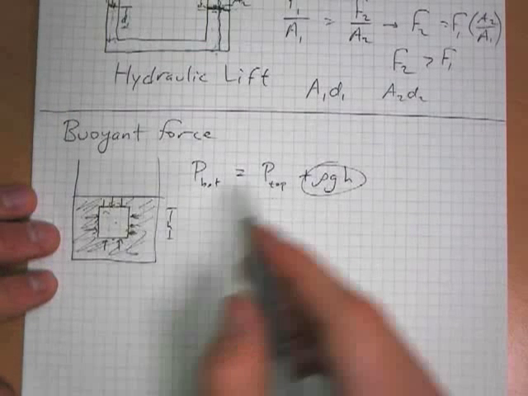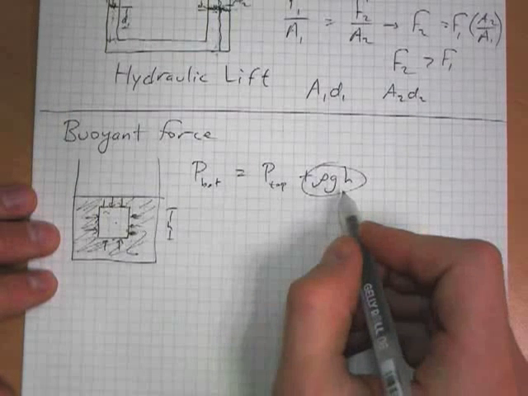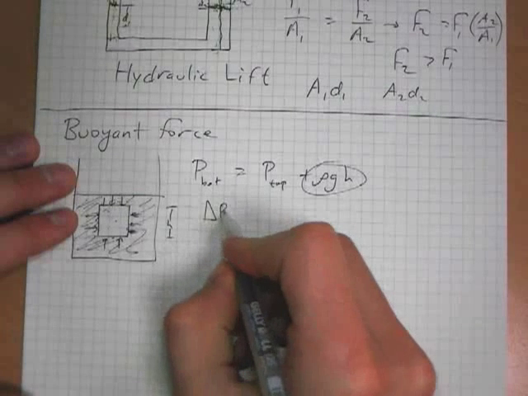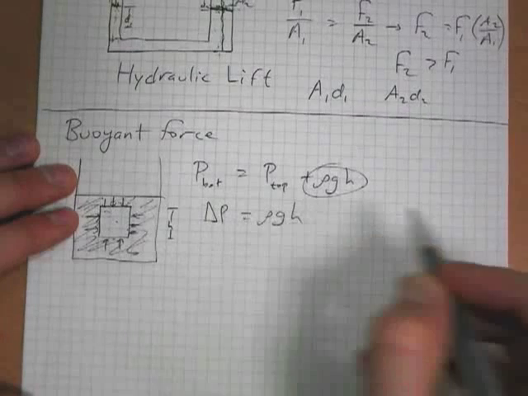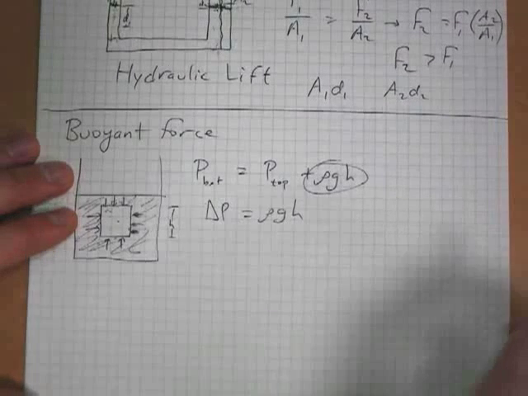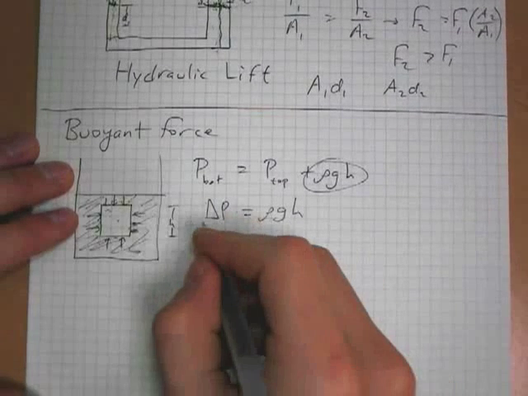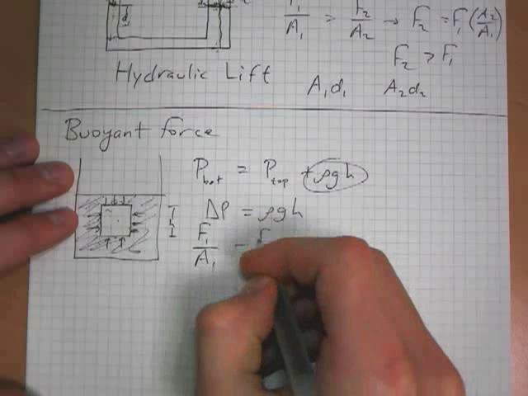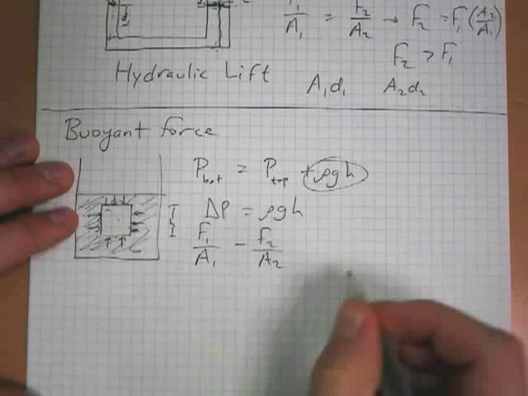So the difference between these two pressures at the top and bottom is rho g h, and a difference in pressures is a force per area. Right?